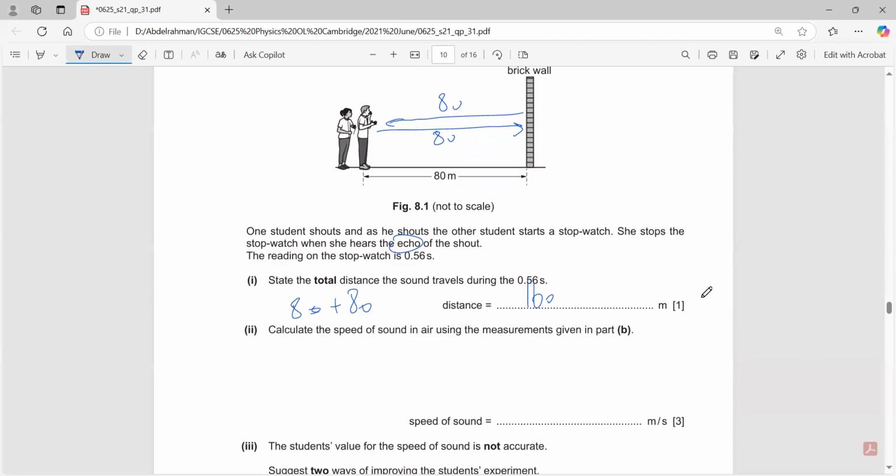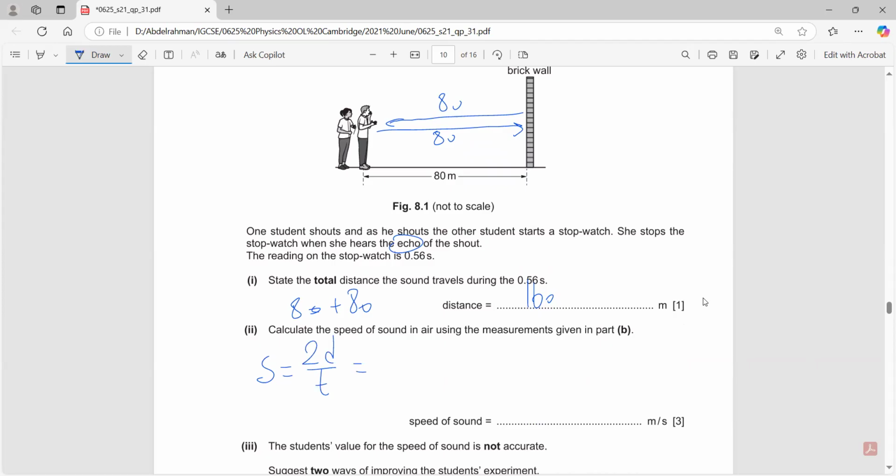Calculate the speed of sound in air. Can I find the speed of sound in air? Definitely. This is an echo. Speed equals distance over time, but you need to find the total distance traveled. So speed in an echo is 2d over t.